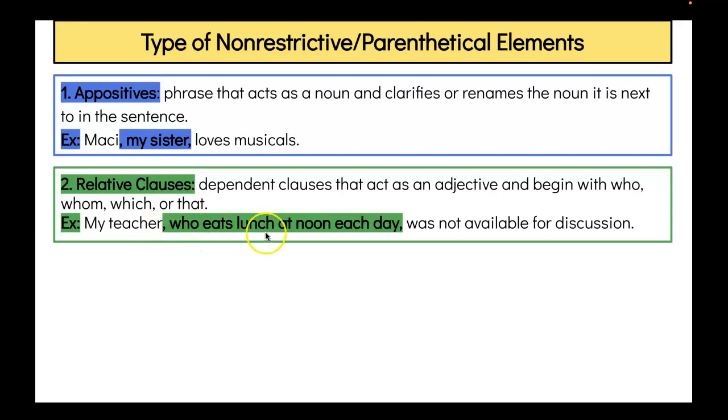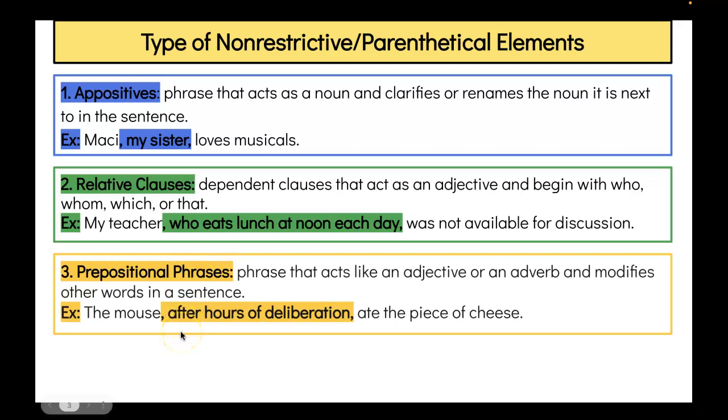My teacher, who eats lunch at noon each day, was not available for discussion. This is a non-restrictive clause because I could take it out and say my teacher was not available for discussion. But with the clause in there, I've got a little bit more description. Now it looks a lot like an appositive because it is describing the teacher. The difference is that an appositive renames it. It has a noun in it, whereas a relative clause is an actual dependent clause. There's no noun within there.